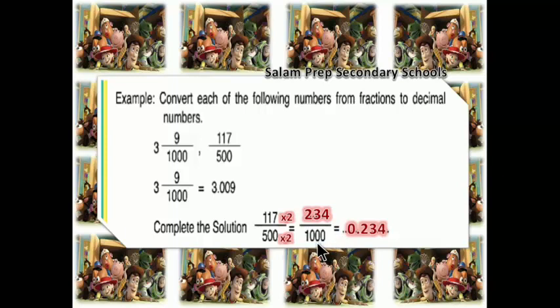This is a proper fraction, so we will write the decimal point. There is no whole number, so we will put 0. In the decimal part, we will write 234.